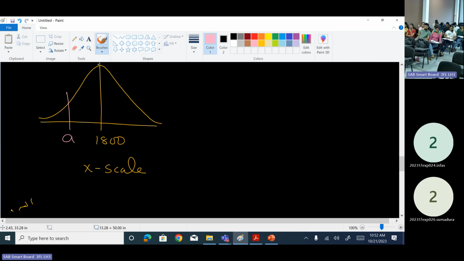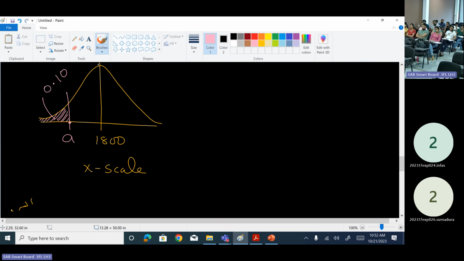If A is the warranty period, then any bulb that fuses before A hours, we have to replace free of charge. So we have to cover only this portion, and that portion is given as 10%. Probability wise, it is 0.10. Now the problem becomes: find this point A such that this area is 0.1.